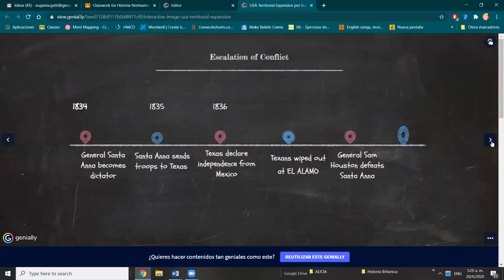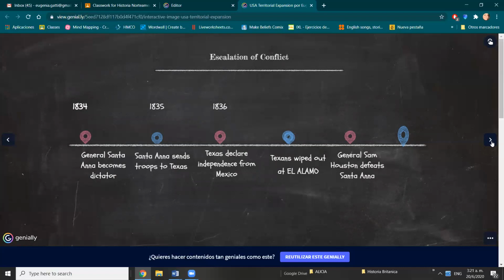In 1834, there is a military coup, and General Santana becomes a dictator, and he will be very harsh on the Texan rebels.